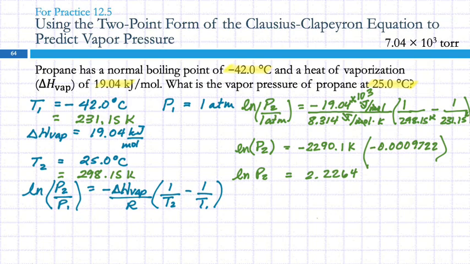So on your calculator, you're going to have an e to the x button. That's anti-natural log. It's usually near or sometimes even on the same button as the ln. So then P2 is equal to e to the 2.2264.